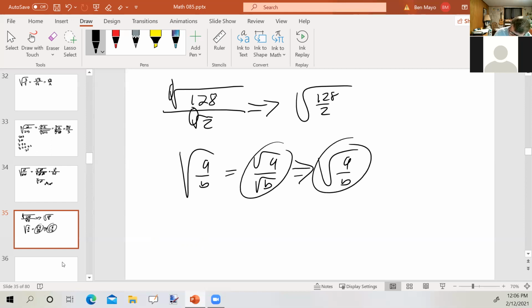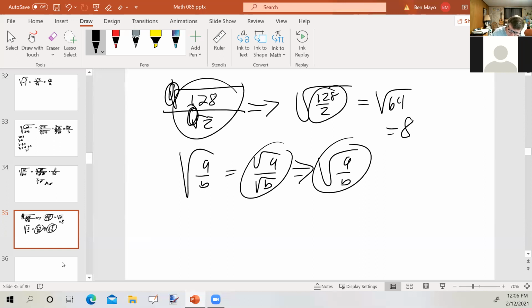Why would I want to do that? Because now I can reduce what's inside there. 128 divided by 2 is 64, and the square root of 64 is 8. So because these had the same index, I could write them as a single fraction inside the radical, reduce it, and then simplify it. All right.